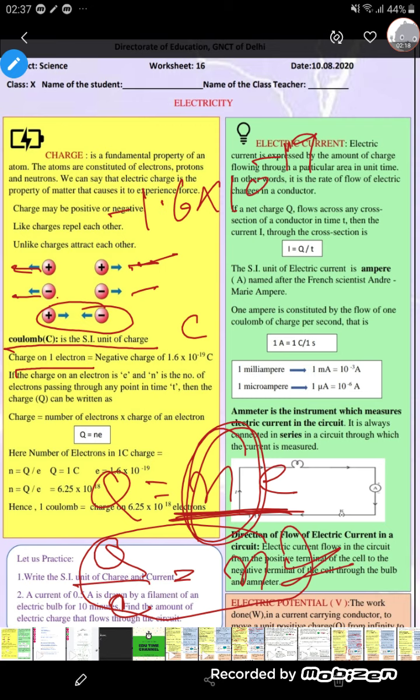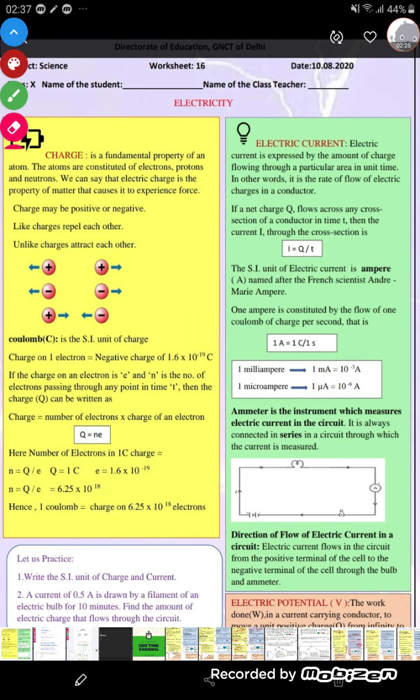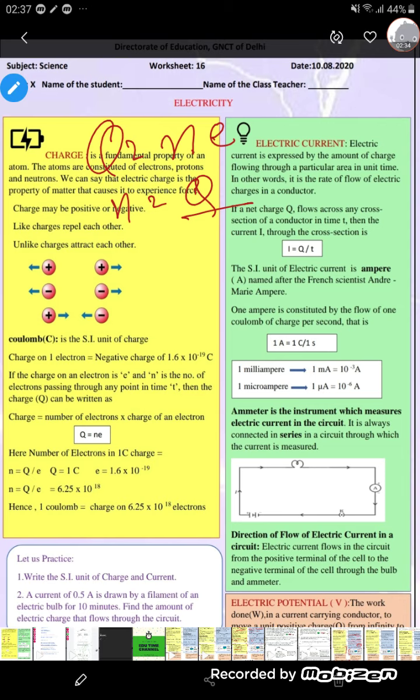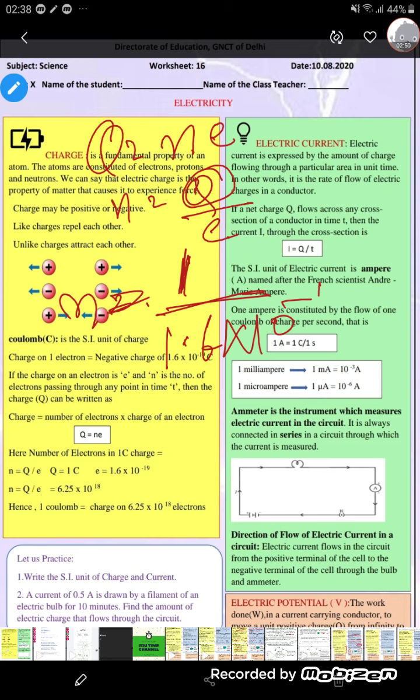In this case, we have Q is equal to n into e, and we would like to know the number of electrons. So we have 1 coulomb of charge, and n is equal to 1 upon the charge on electron, 1.6 into 10 raised to power minus 19.